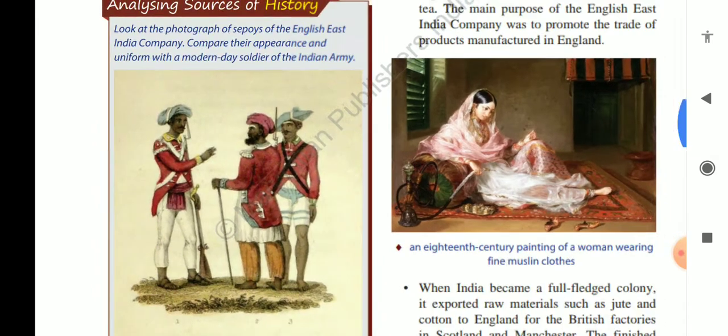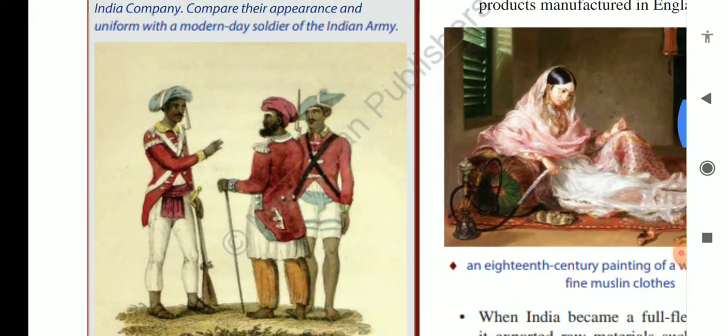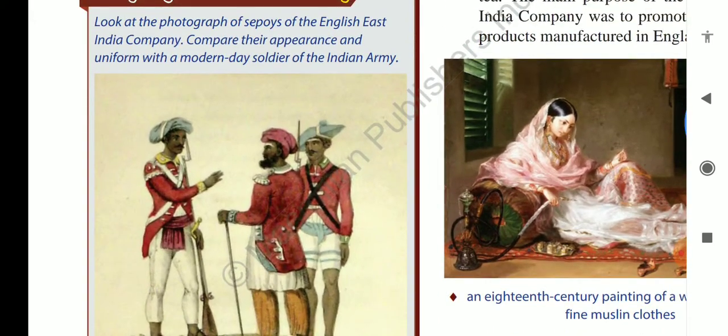You can see, when we see the word sepoys, right? In the English language, many words are derived from other languages. You will be surprised to know that 40% of English words are derived from other languages, right? So now you can decide whether English is rich or other languages are. Now look at the photograph of sepoys of the English East India Company.